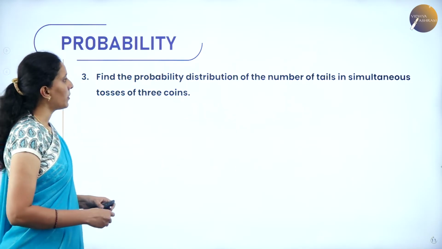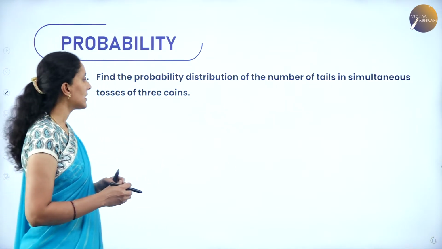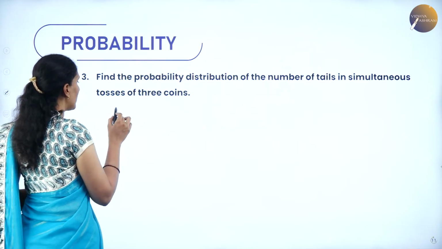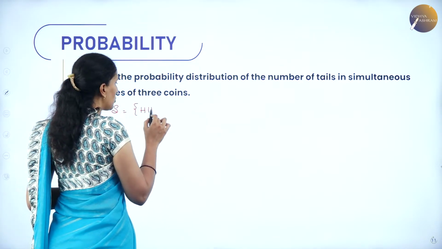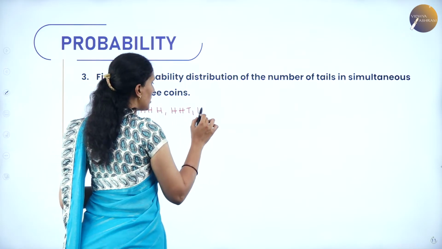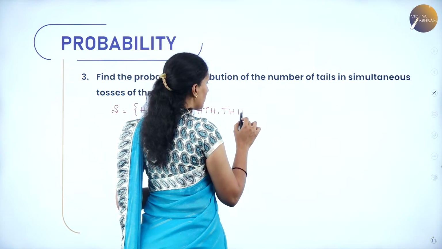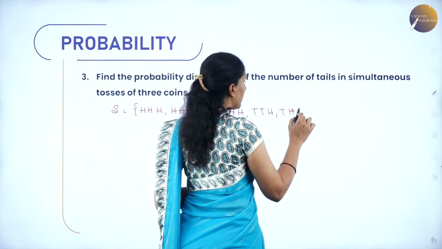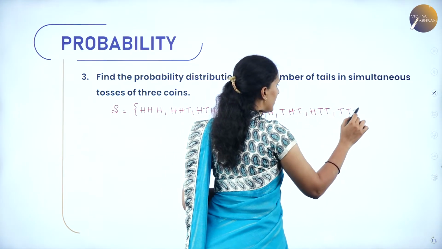Next, find the probability distribution of the number of tails in simultaneous tosses of 3 coins. When I say tossing 3 coins, the sample space is as follows: HHH, HHT, HTH, THH, TTH, THT, HTT, TTT.